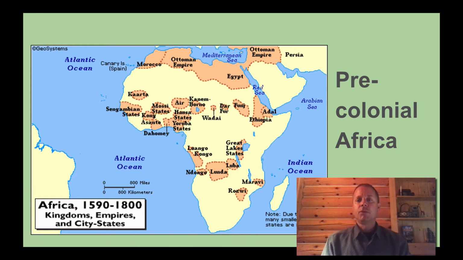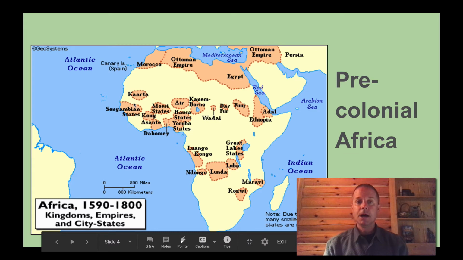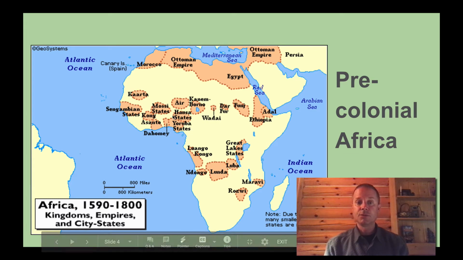What about before there were colonies? Africa had a lot of kingdoms and city-states before Europeans showed up. This map shows you where some of them were. Across the top here, it says the Ottoman Empire. The Ottoman Empire was based out of Turkey in the city of Istanbul. And so they controlled a lot of the Middle East and a lot of North Africa. But down here are all these independent kingdoms that existed within Africa.